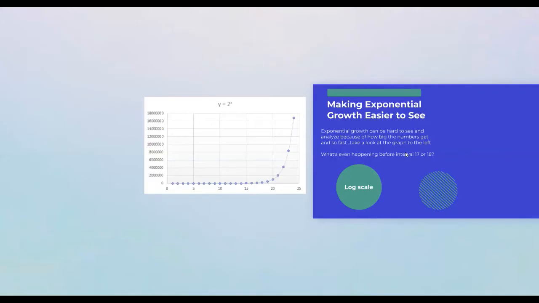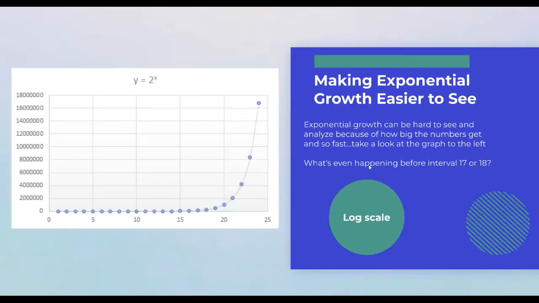Let's talk a little bit about logs for a second. Logarithms play an important role when we're talking about exponential growth. To do that, I've taken this y equals 2 to the x exponential growth function out further. You can see that somewhere around 16, 17, 18, right around the 18th interval, you start to be able to tell that it's growing.